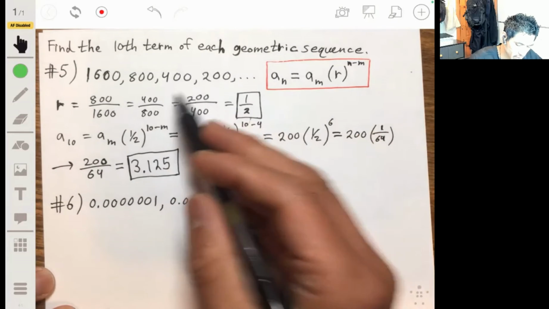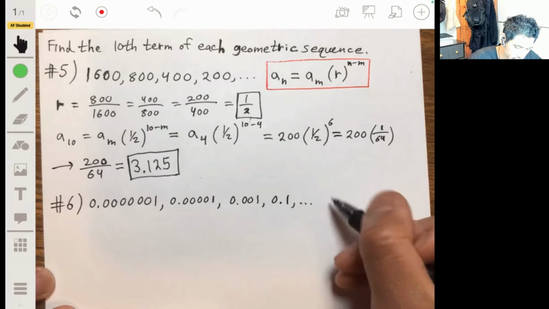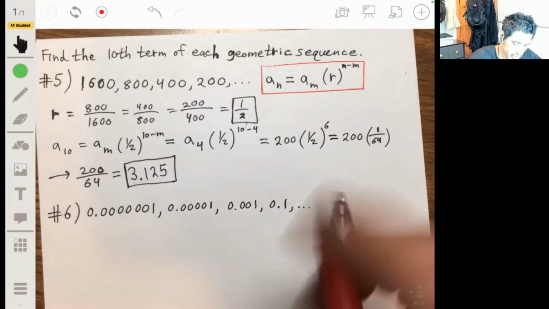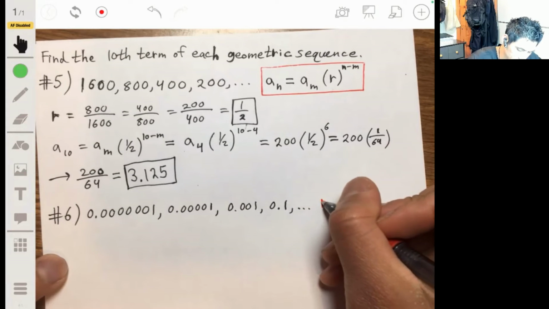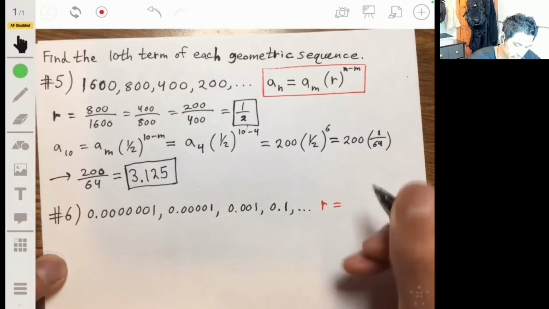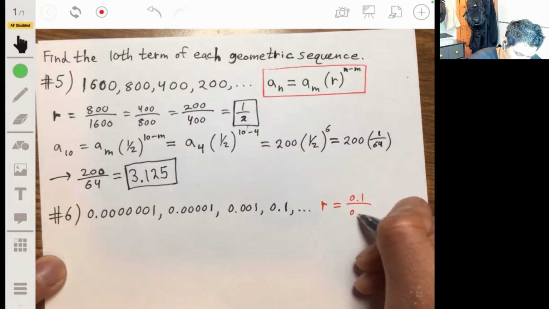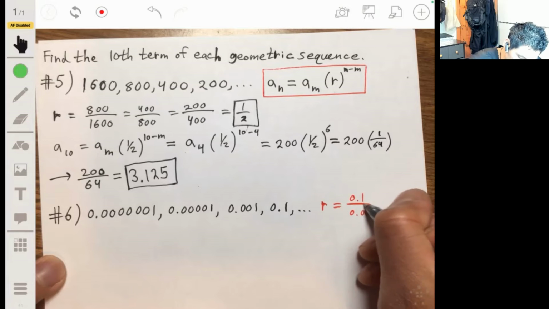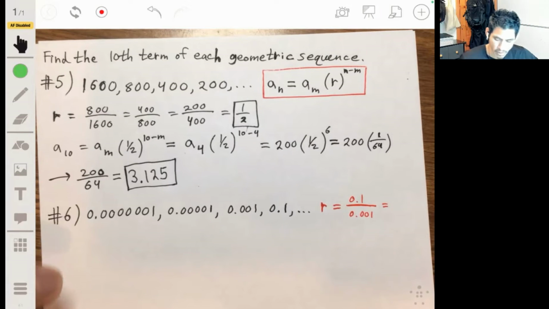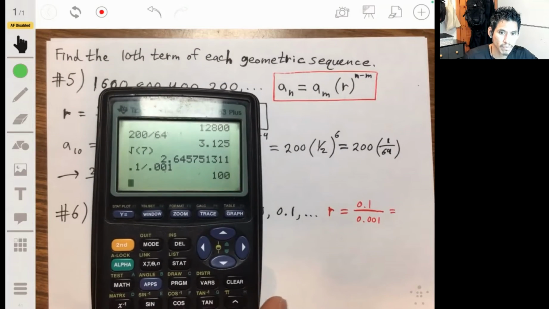So find the r value by, again, just dividing two consecutive terms backwards. We'll go 0.1 over 0.001. It's easy to see that's 100.